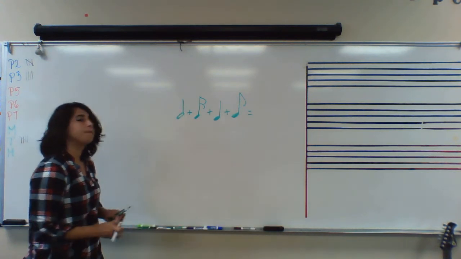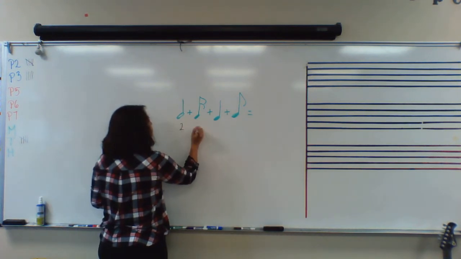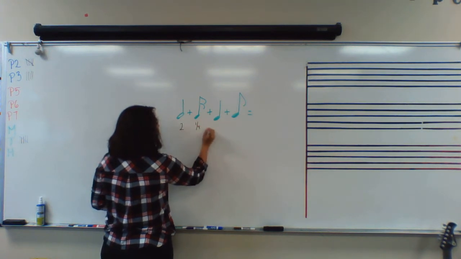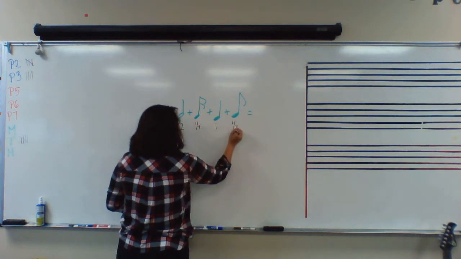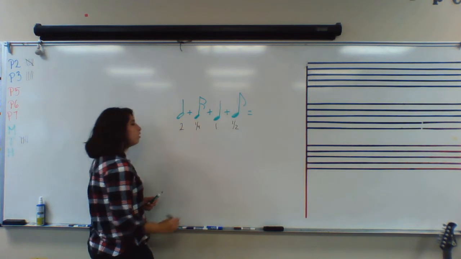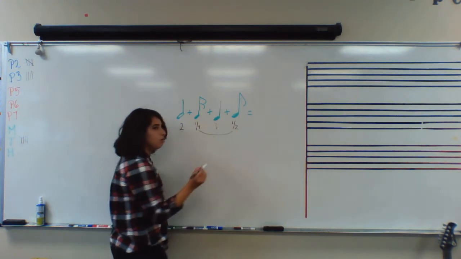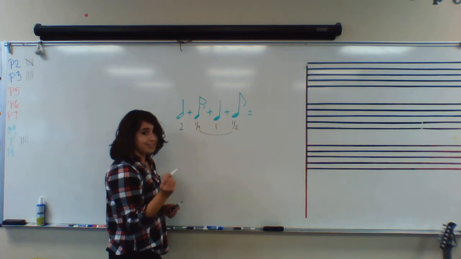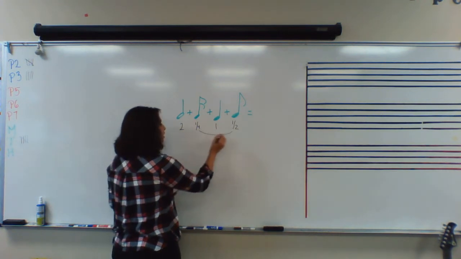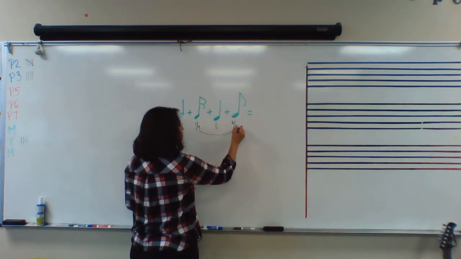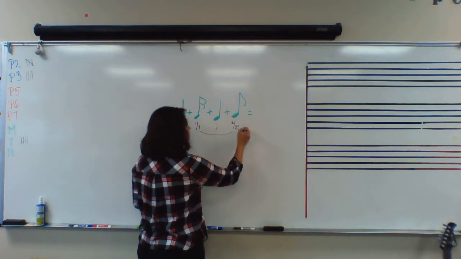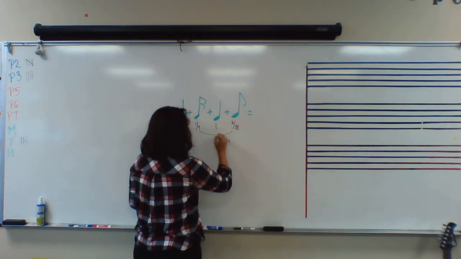All right. We got 2 plus a fourth plus 1 plus a half. All right. So if I put these together, adding fractions, right? 2 fourths plus 1 fourth equals 3 fourths.